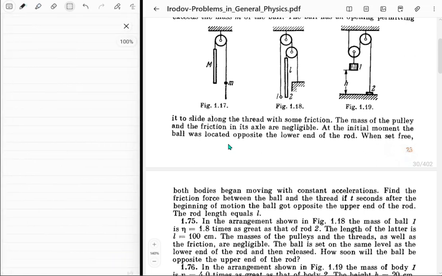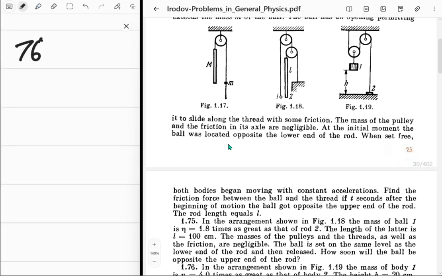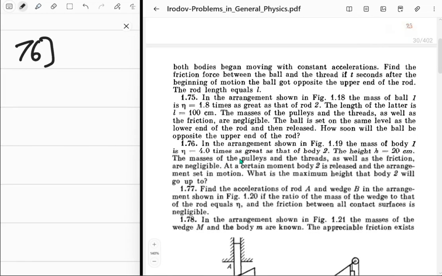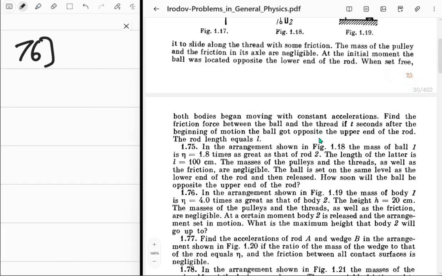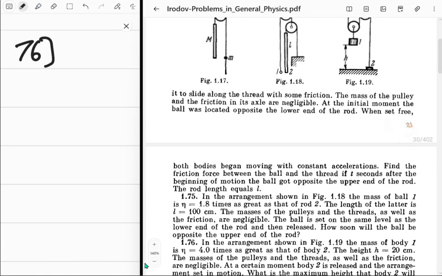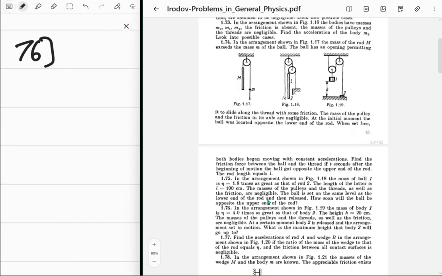This is 75th. So 76th now. In the arrangement shown in the figure 1.19. Okay, one second. This thing. Okay, let's zoom out now. Right, 76, right? Yes. In the arrangement shown in the figure 1.19, the mass of the body 1 is once again eta times that of body 2.